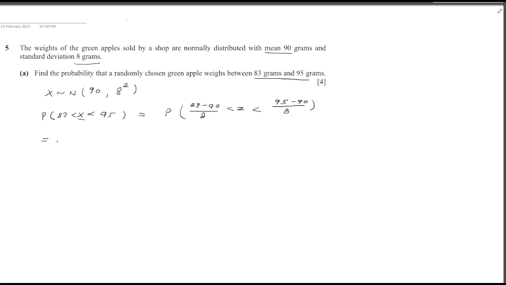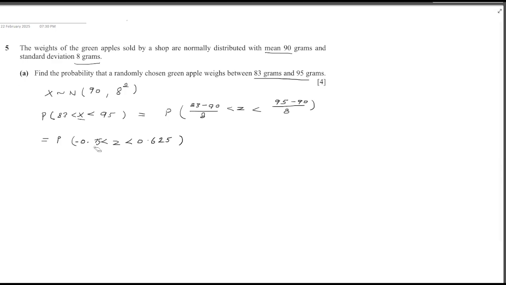So this is equal to probability of z greater than 83 minus 90 divided by 8, which gives me minus 0.875, and less than 95 minus 90, which is 5, divided by 8. So 5 divided by 8 is 0.625.